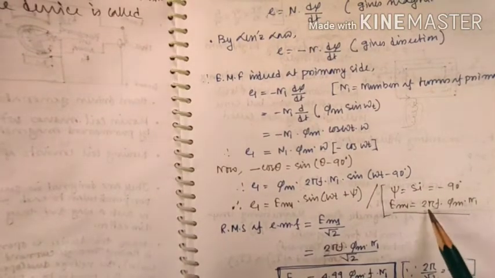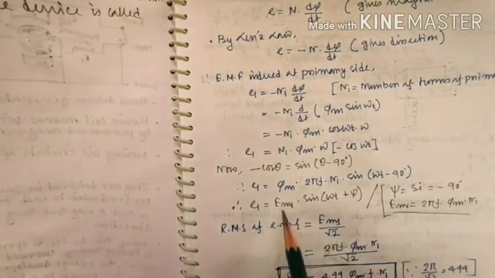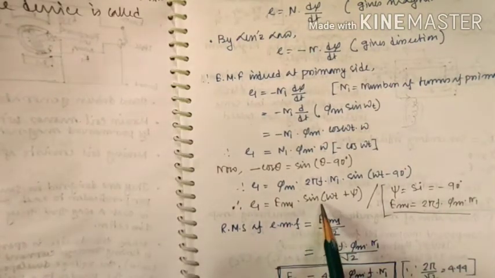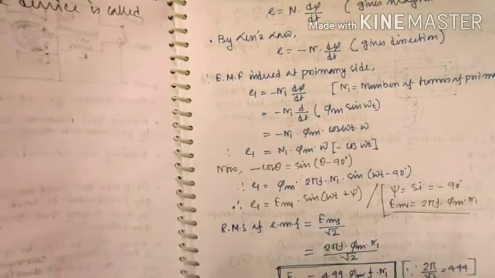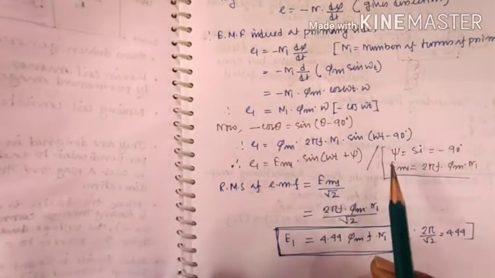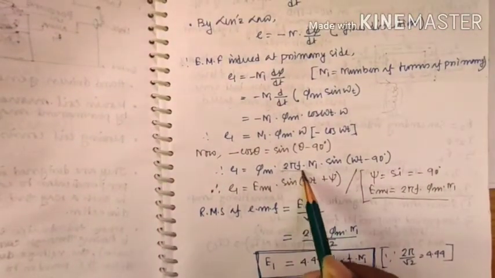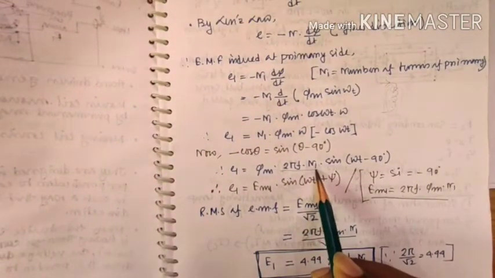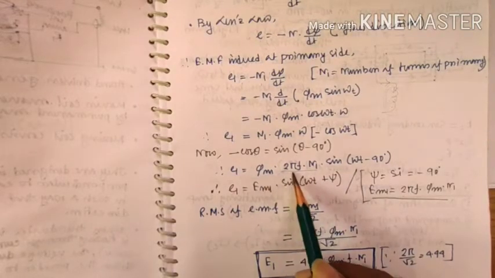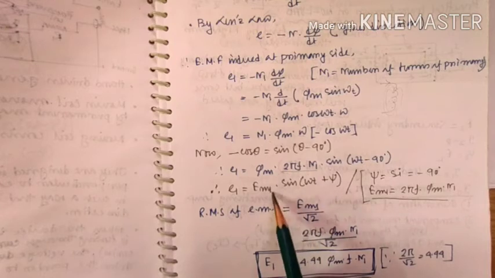EM1 is equal to 2 pi f into phi m into N1. So we put that value here, then it becomes sin omega t plus psi. So this is the abbreviated equation. We have represented in this way. 2 pi f N1 phi m, everything is equivalent to EM1.